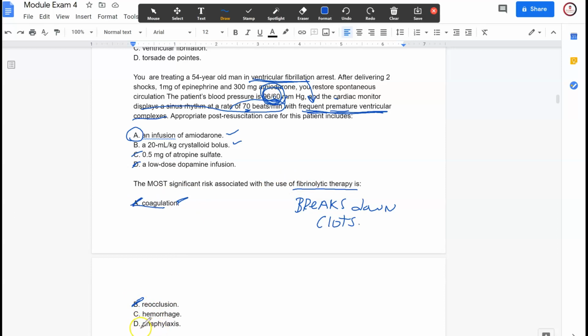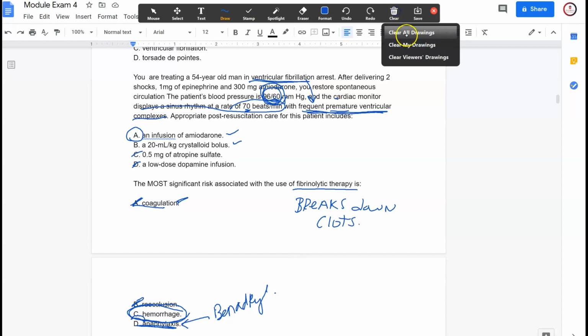Anaphylaxis is actually a really strong possibility, but the biggest issue here is hemorrhage. Fun story, patients who get fibrinolytic therapy tend to get Benadryl with it, because it has a high risk of causing allergic reactions. It's just the magic of that medication.